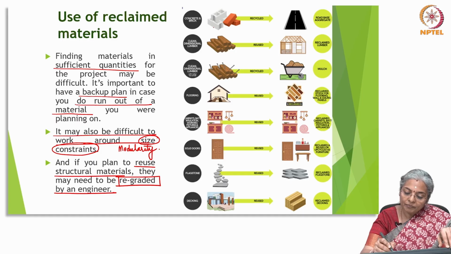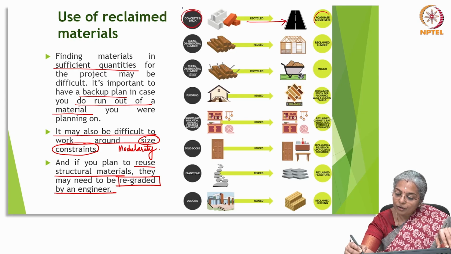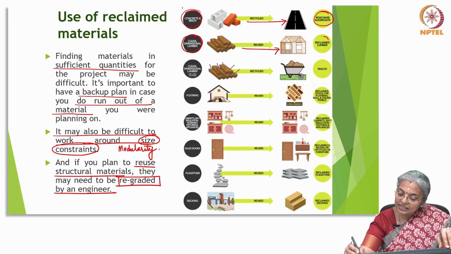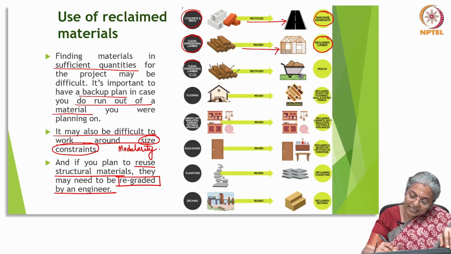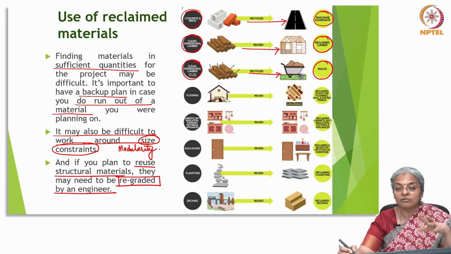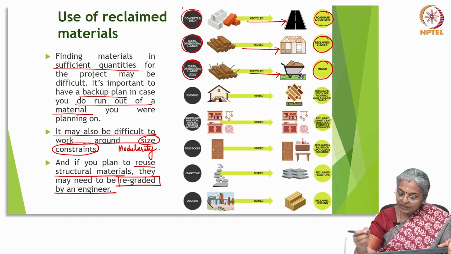For example, waste concrete and brick can be recycled for road base aggregates. We can have clean dimensional lumber which can be reused as reclaimed lumber, or recycled as mulch if it does not have sufficient strength to be reclaimed as lumber.